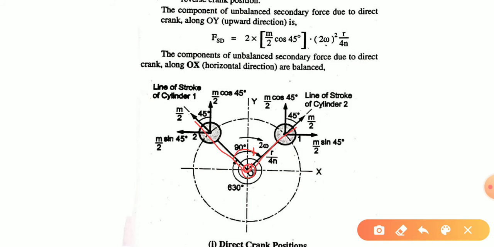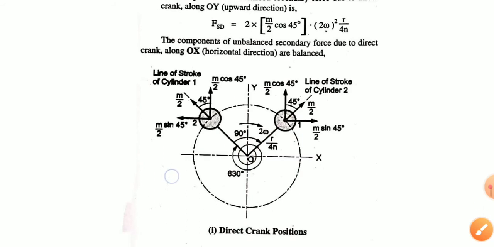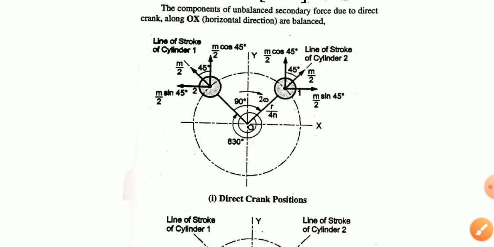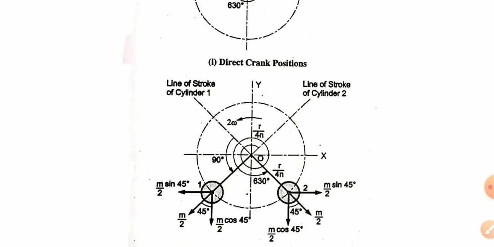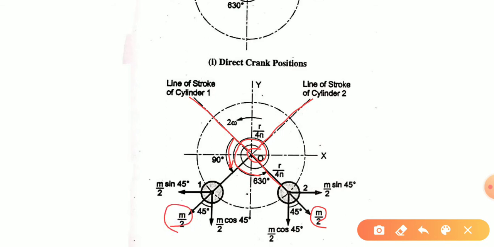In the same way for the reverse crank, we go in the negative direction, so this will be the half mass for cylinder 1, and over here in the negative direction at 630, this will be the half mass for cylinder 2.